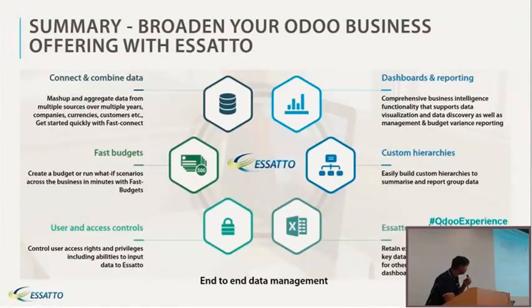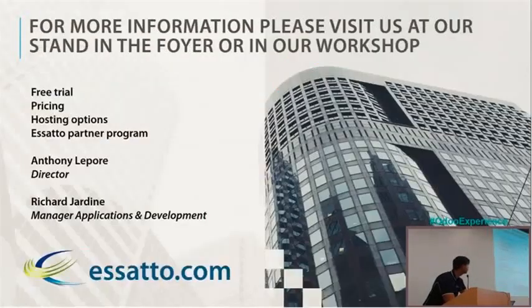It gives you these 6 functions, which include the ability to bring in data from multiple sources, produce dashboards and reports, produce comprehensive, collaborative, multi-user budgets and forecasts, multi-company consolidations in the form of hierarchies, as well as obviously being able to manage your customer product hierarchies, etc., and a secure and scalable data warehouse that's included as part of the solution.